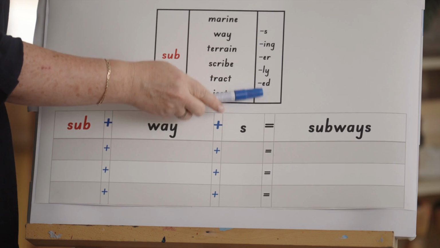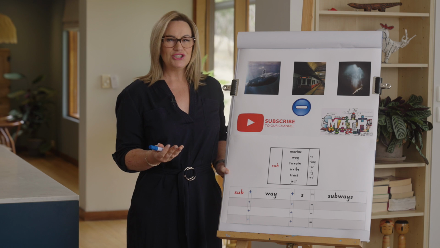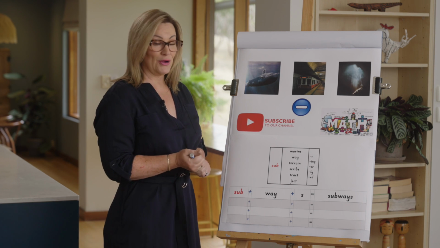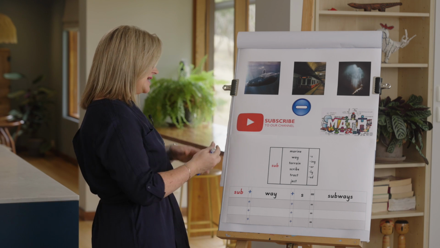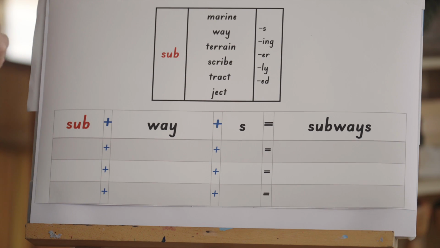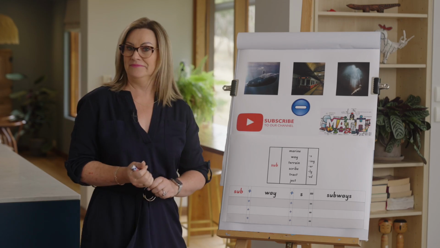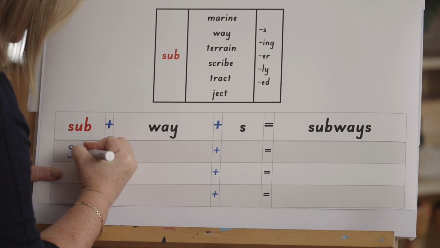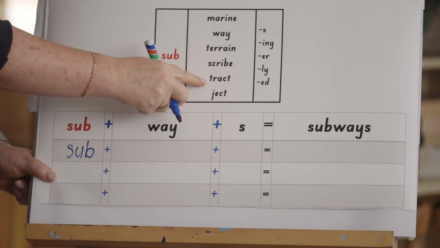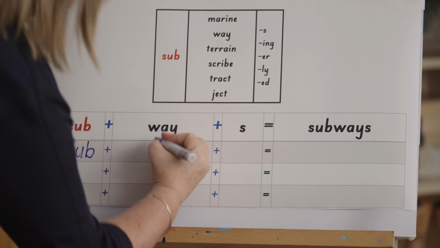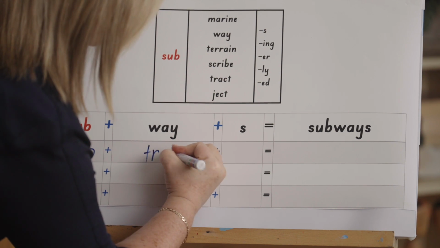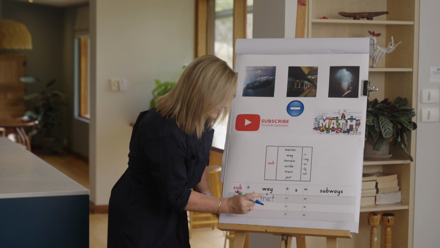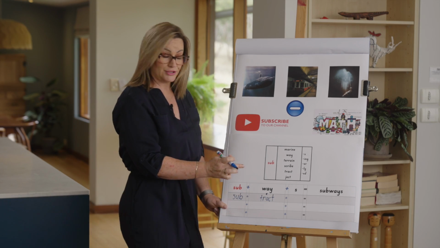And here are our suffixes. Let's do just a couple together, and then you'll go off and do it on your own. So let's take subtract. Let's build that word together. So prefix, sub, root, tract, and I'm going to put a little tiny capital R there so that we know this is just a root.